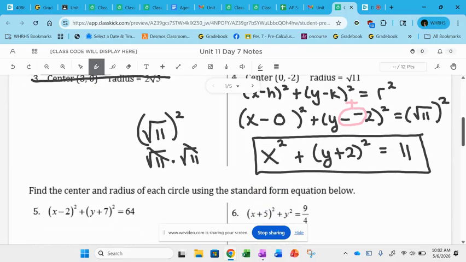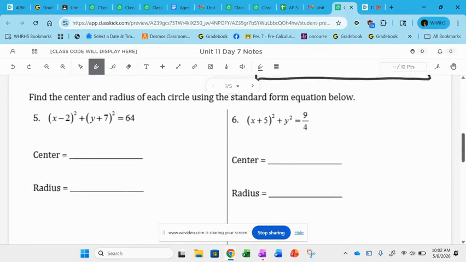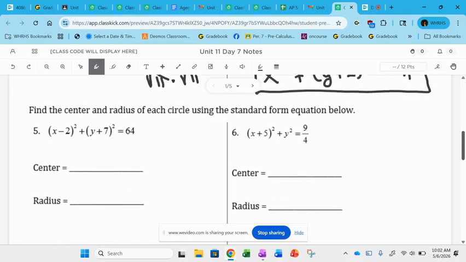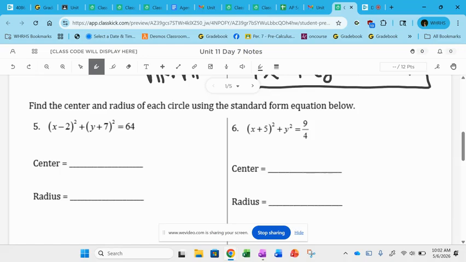All right, so now what we're going to do, find the center and the radius of each circle using the standard form equation below. All right, so now remember, we have to know what the equation is supposed to look like.